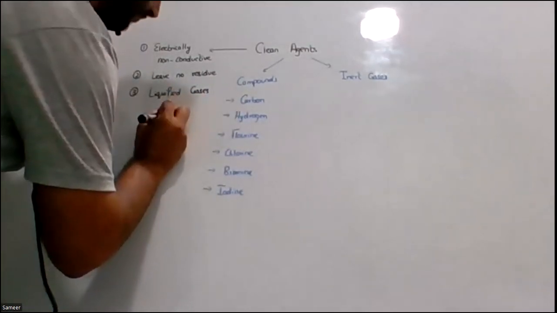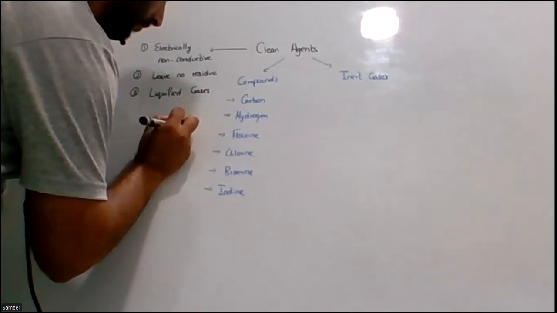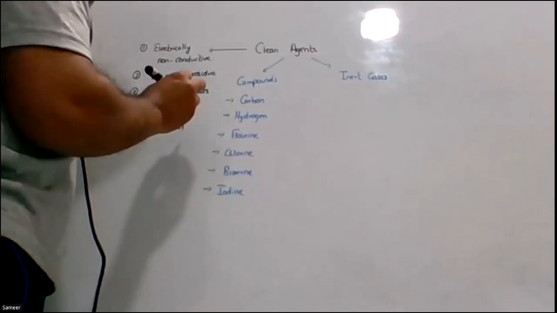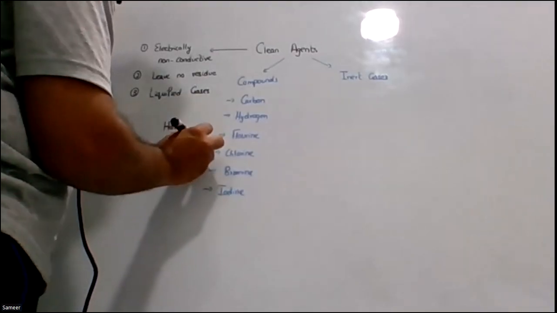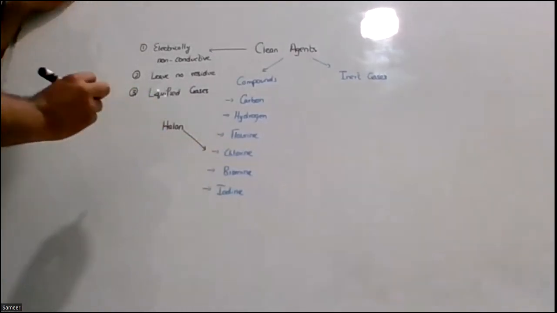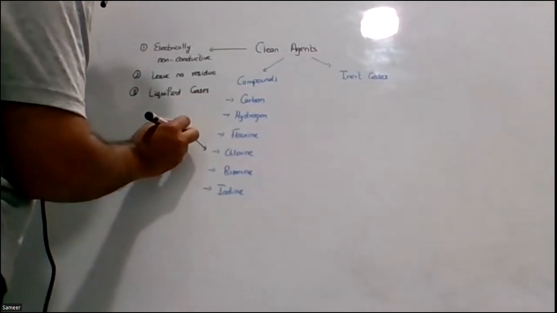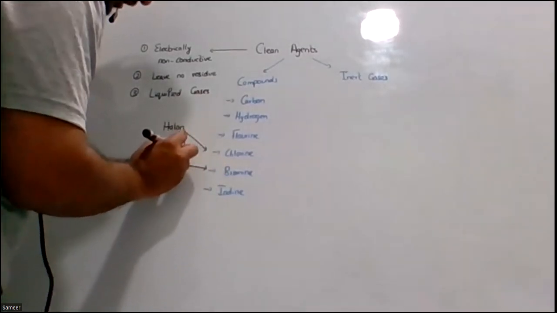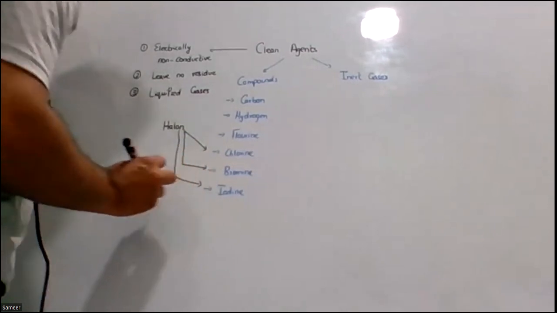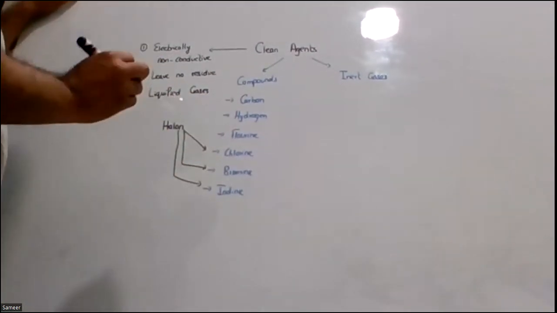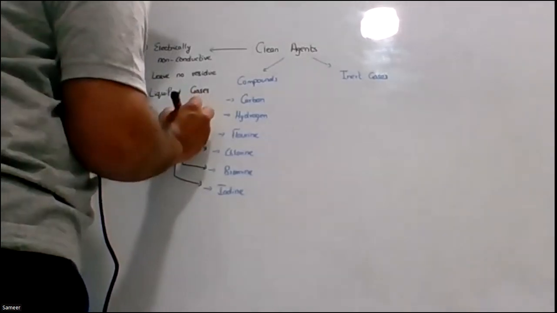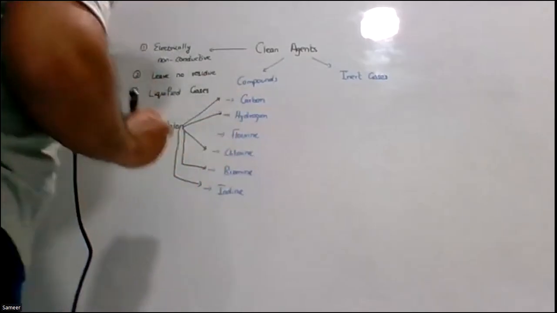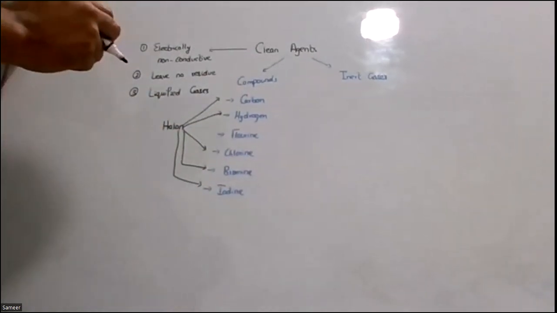Halon included chlorine, then bromine, fluorine, iodine, and then carbon and hydrogen. So that was the formation of halon gas.